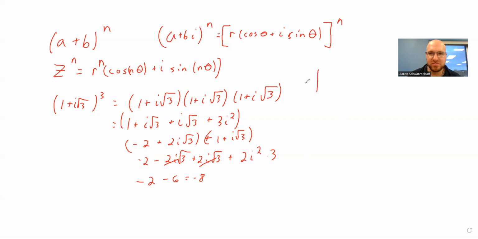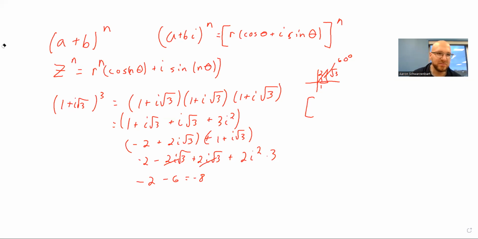So 1, root 3. My hypotenuse is 2. My angle here, this is a 30, 60, 90. That's 60, or I could say pi over 3. So my polar form, r is 3.